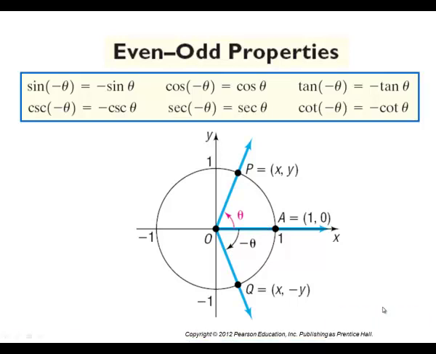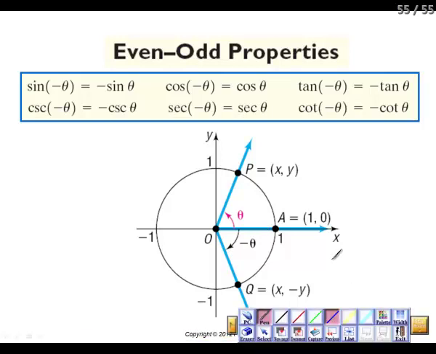For example, if we have here, let's say theta is 30 degrees, then if we were to go in a clockwise direction, this would be negative 30 degrees. Or in this case, this looks more like 60, so we'll use that. So theta would be 60 degrees, and this would be negative 60 degrees, and so on.